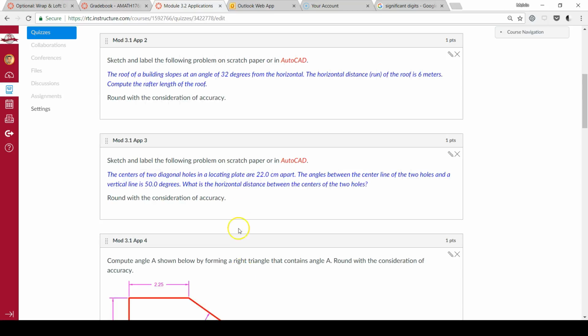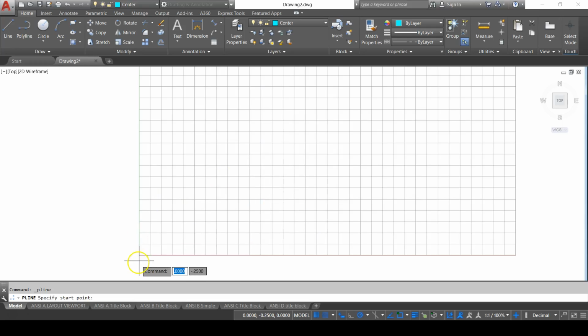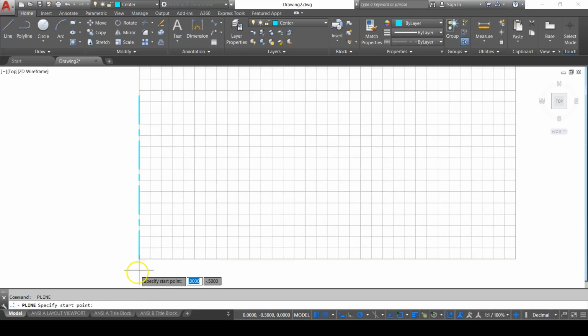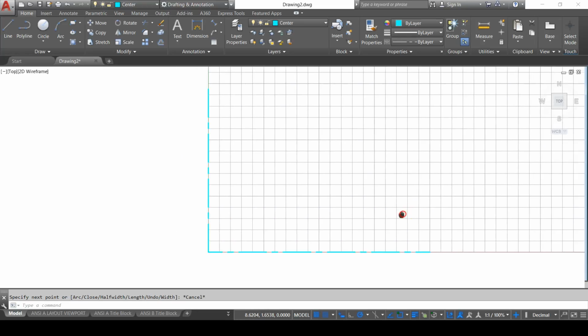Now the problem said it's 50 degrees from a vertical line. So I'll draw a vertical line first, just so that I can see it. And I drew it at a random length. I'll also draw a horizontal line, and this is at a random length.